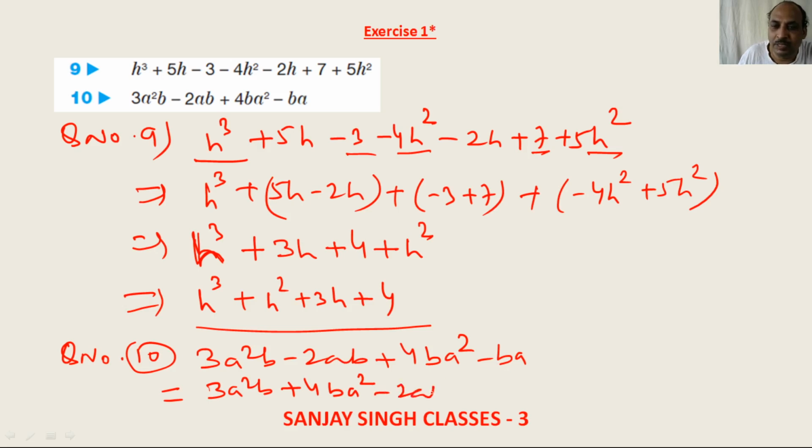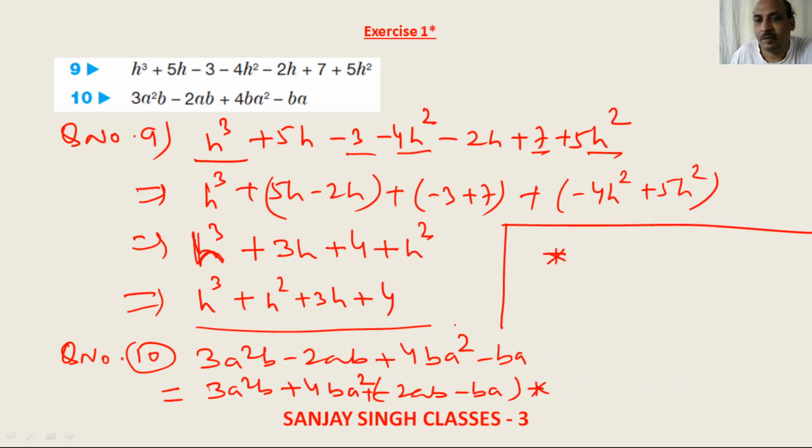So minus 2ab minus ba gives minus 3ab, because both are negative, addition will be there, and the bigger number has a negative sign. So 3a square b plus 4ba square, minus 3ab.